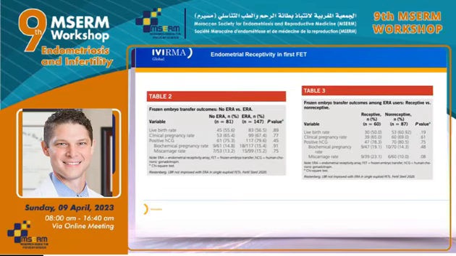In this particular study, there were no differences in live birth rates, clinical pregnancy rates, or positive HCGs. And so the conclusion was that for patients undergoing their first embryo transfer at any rate, the endometrial receptivity array guided frozen embryo transfer was not a helpful adjunct.